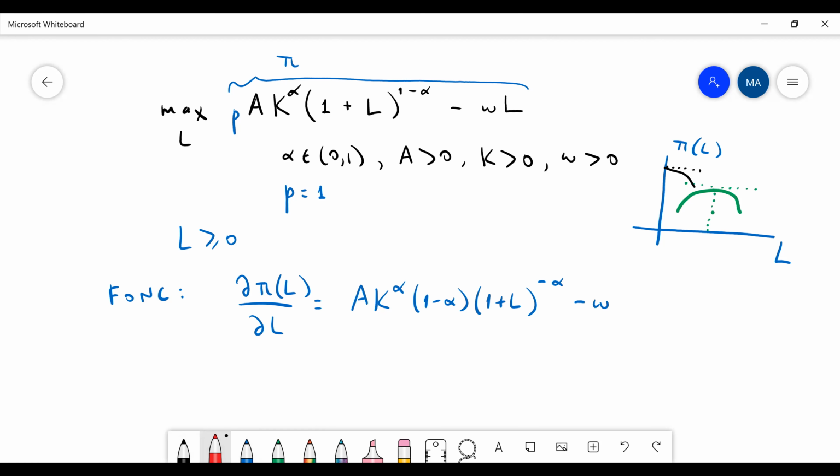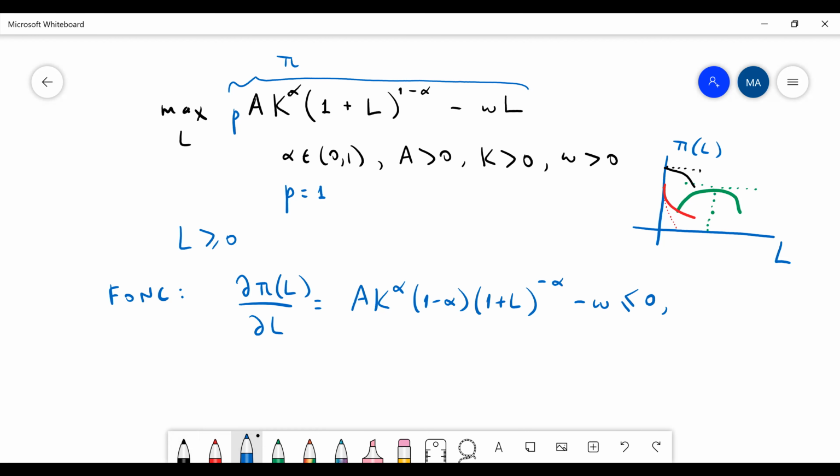Or, using red now, I have this case, in that part the derivative will be negatively sloped.